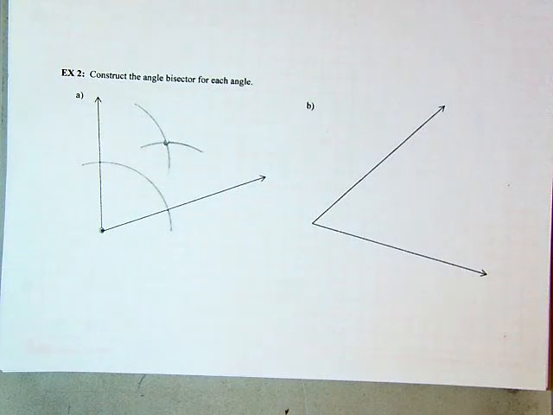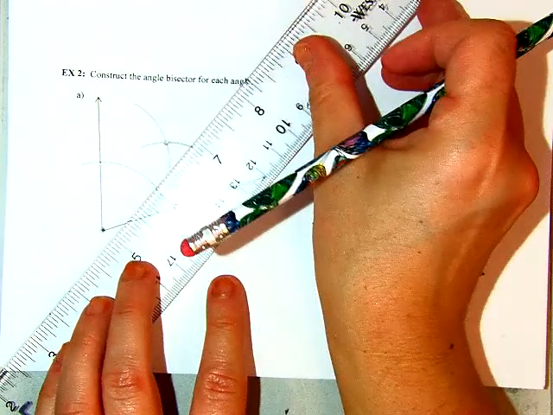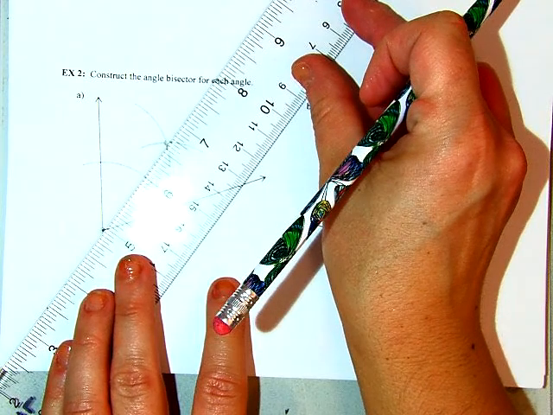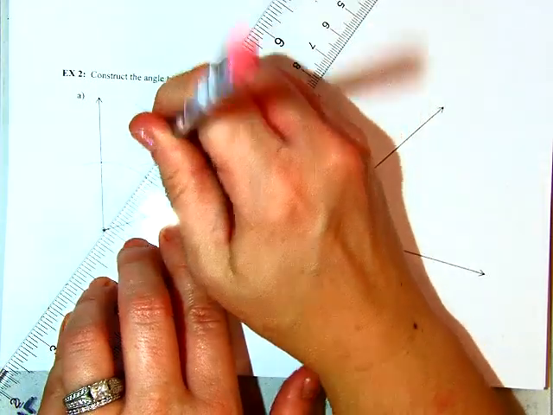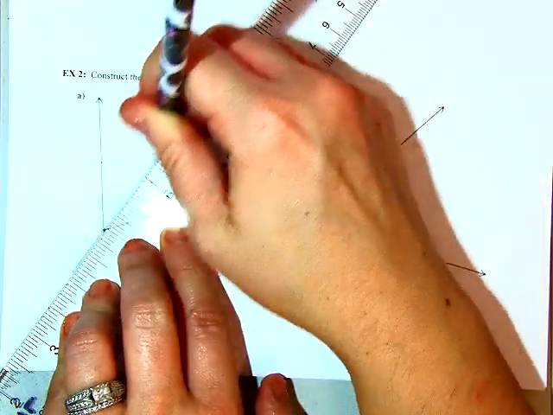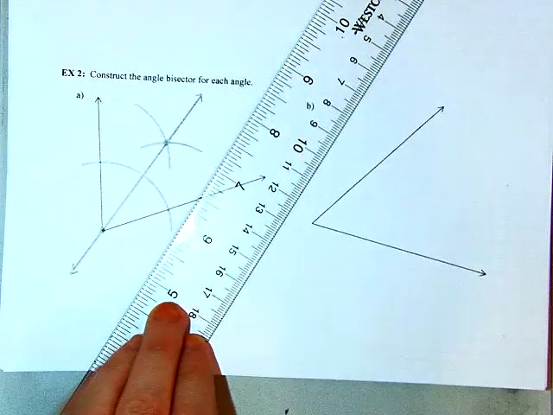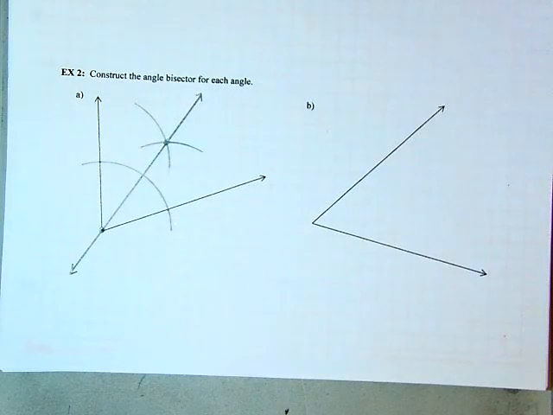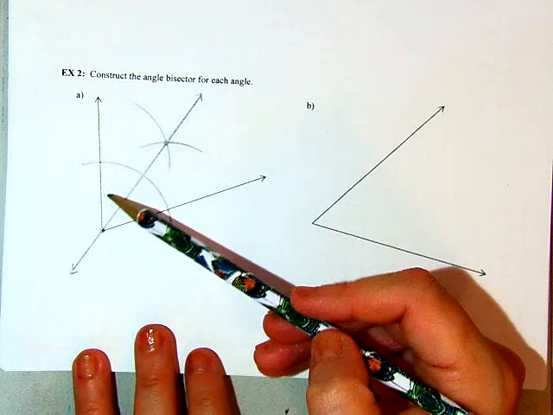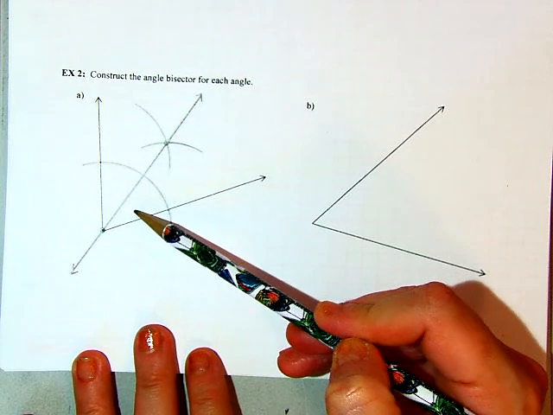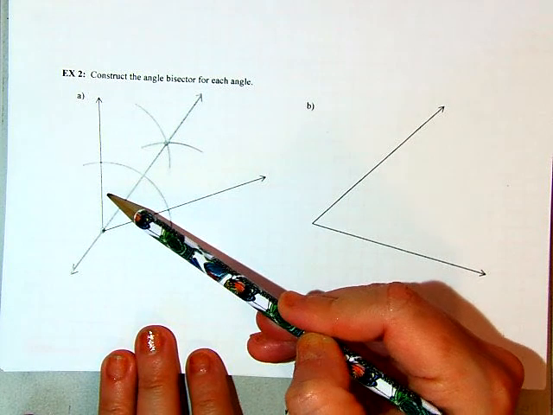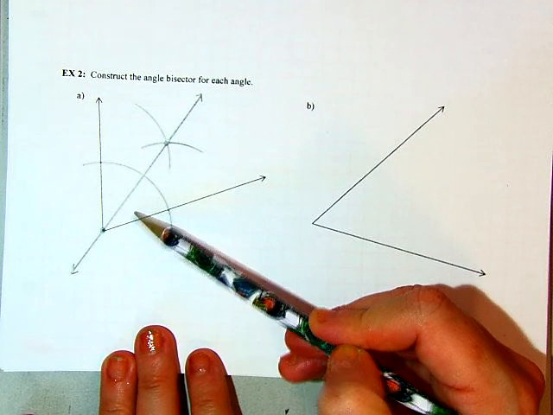Okay, and then I take my straight edge and I connect through. And I have bisected my angle. So when I bisect something, I create two congruent parts. So this angle will be congruent to this angle. Their measures would be equal.